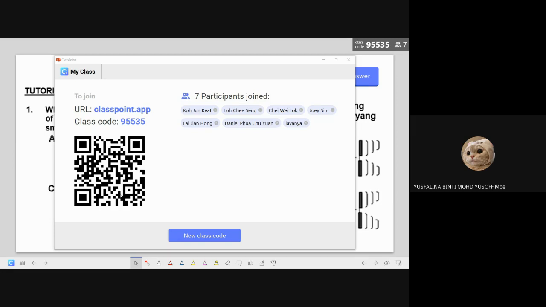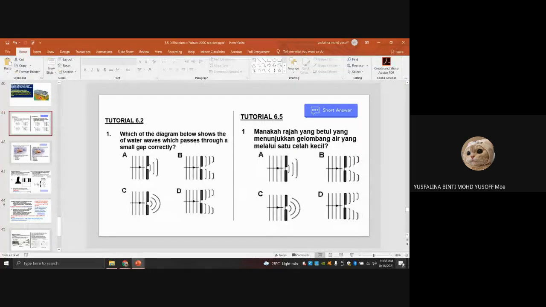Whereas 25 more. Please join. Teacher, I can't join the class. Why? Okay. Maybe I will try to generate a new one. Okay, wait for a while.